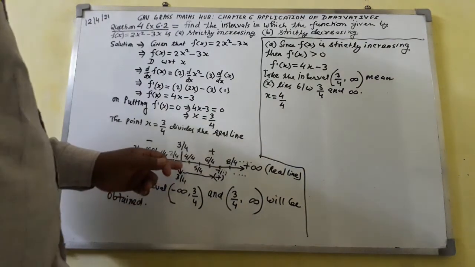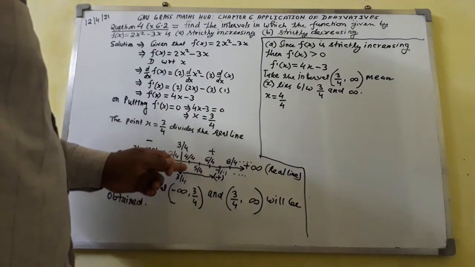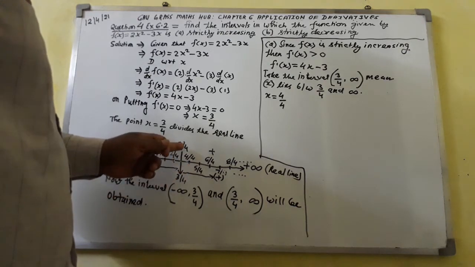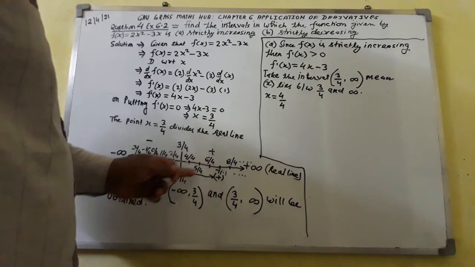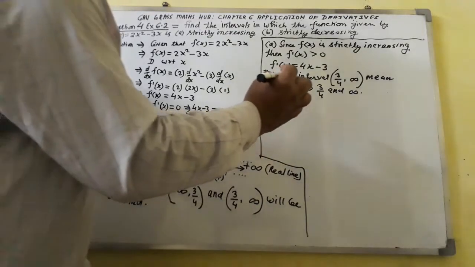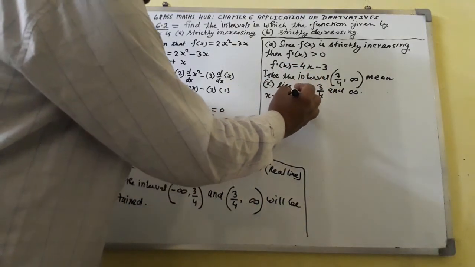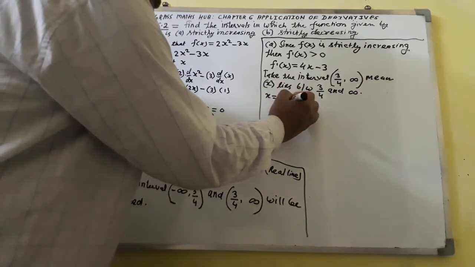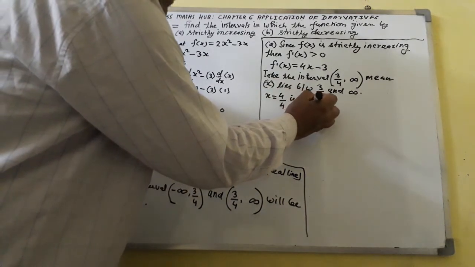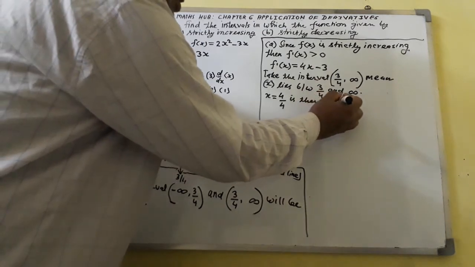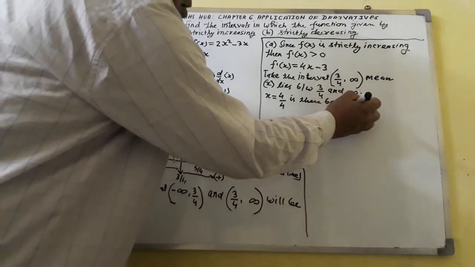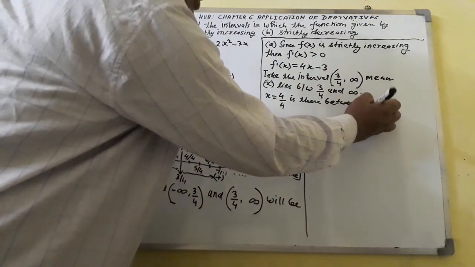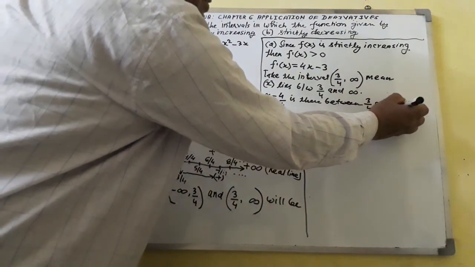Here you can see on the real line x equal to 4 over 4 is there between 3 over 4 and infinity.